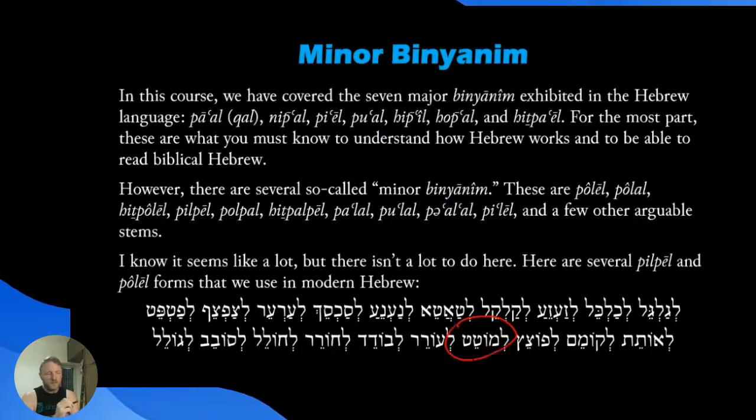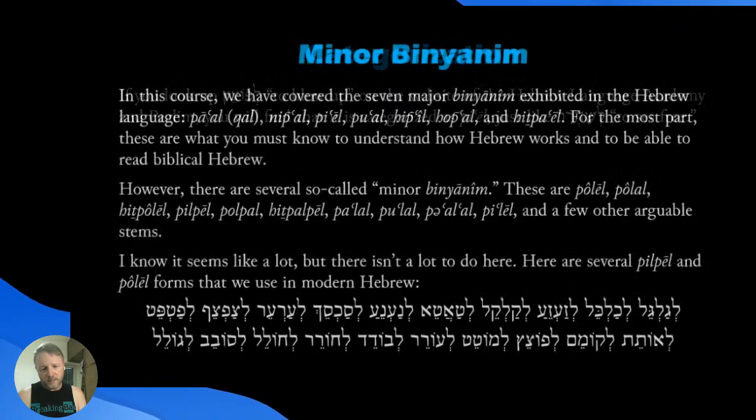Lemotet is to make something fall down. Lehitmotet is to fall down. Le'orer is to wake up somebody, like an alarm is called shaon me'orer, and lehit'orer means to wake up. Levoded is to isolate. Lehitboded is to isolate yourself, to become isolated, and so on.